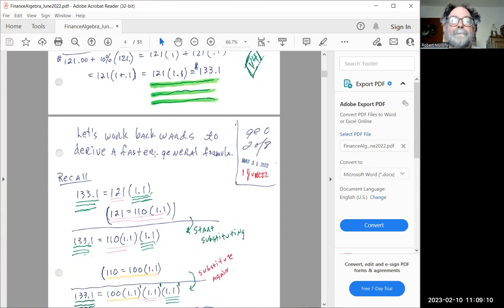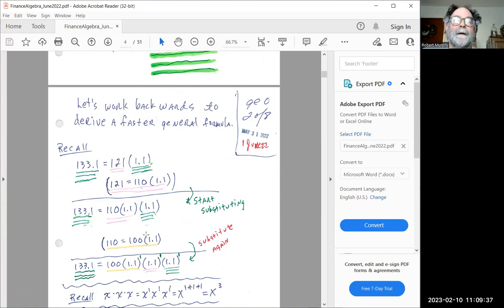So I flipped that around. 133.1 equals 121 times 1.1. Now I'm going to substitute 121 equals 110 times 1.1, this piece right here. So I have 133.1 equals 110 times 1.1 times 1.1.